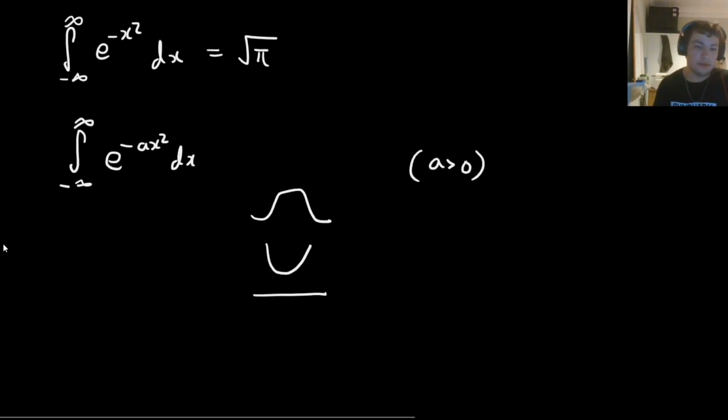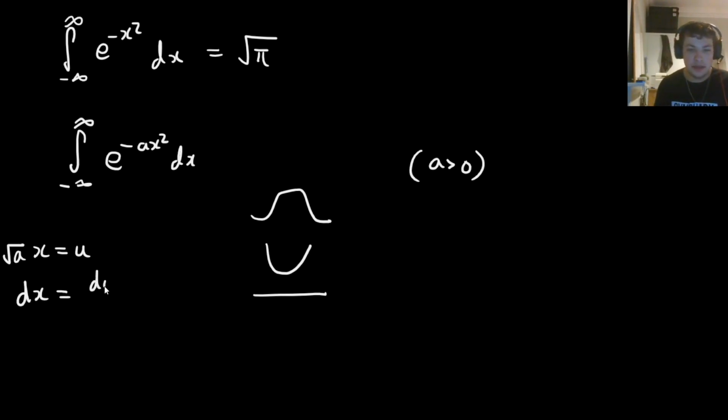Okay, well, this one, nice and easy. We just say that let root a times x equal u, then by change of variables dx is going to be du over root a. The bounds are going to stay the same because when x is infinity, u is still going to be infinity. So we get the integral of e to the negative u squared du times 1 over root a.